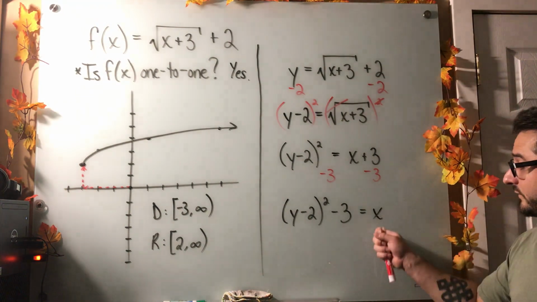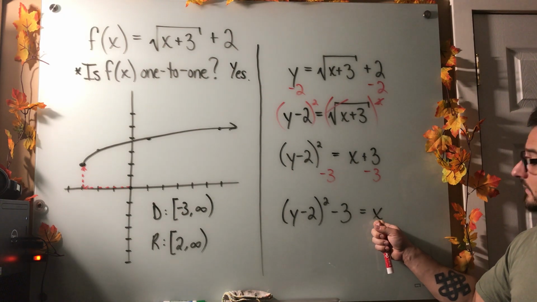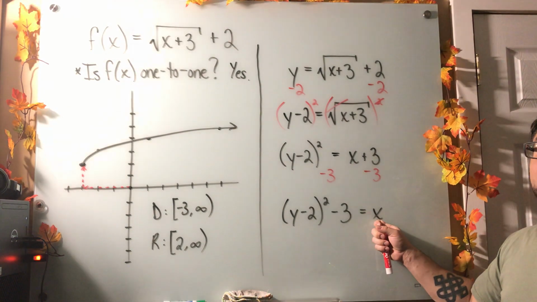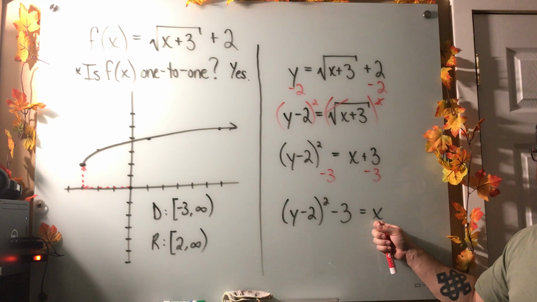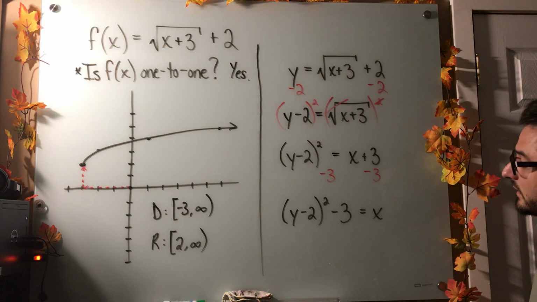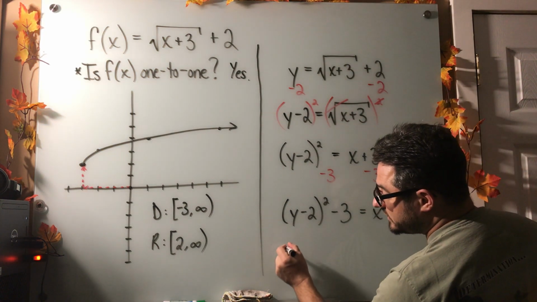And now we have solved for x, which is the output variable of the inverse function. Now, we're going to rewrite this using function notation.